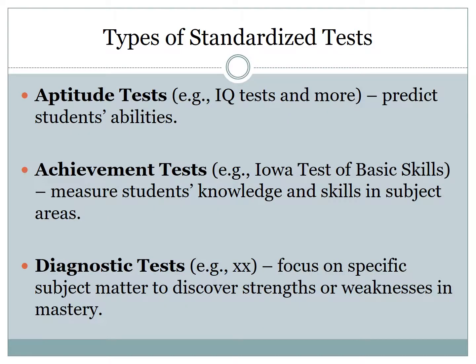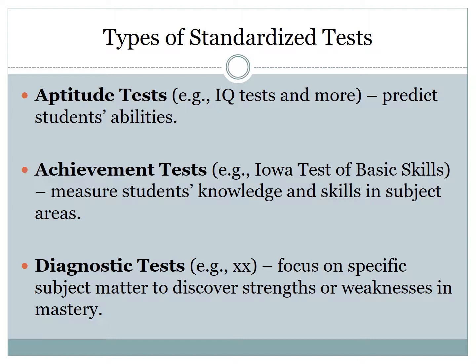When we talk about standardized tests, we talk broadly about 3 different types. Aptitude tests, such as IQ tests and others, predict students' abilities. This is about understanding children's potential, not their achievement. Achievement tests, on the other hand, such as the Iowa Test of Basic Skills, measure students' knowledge and skills in subject areas.